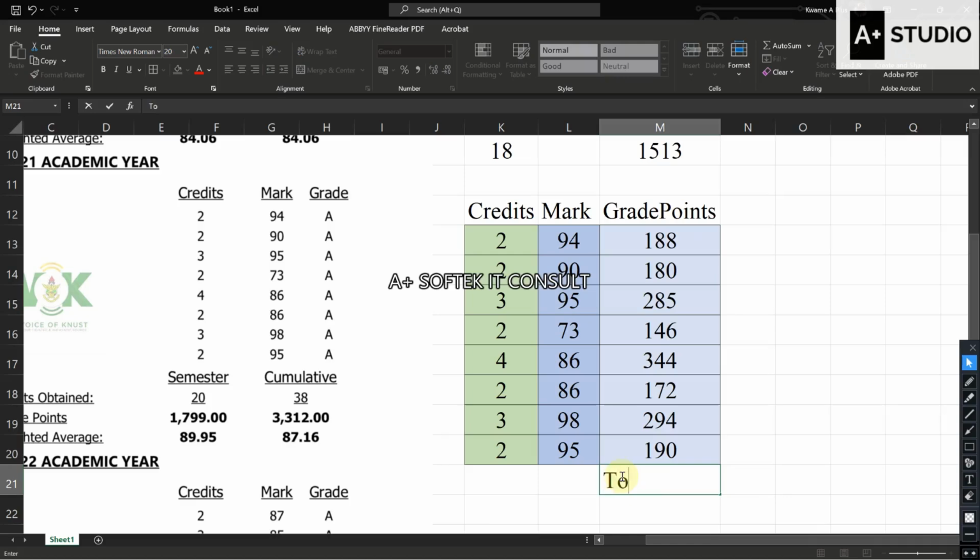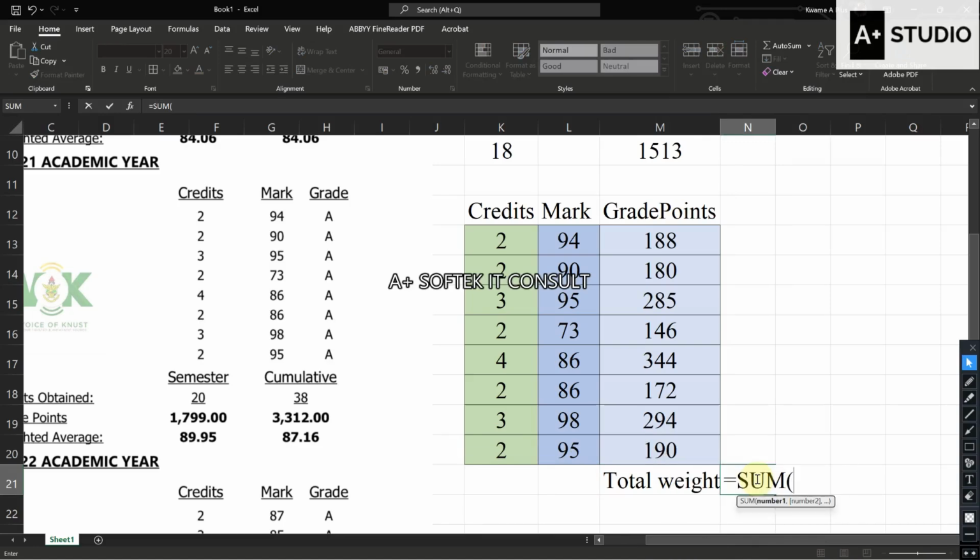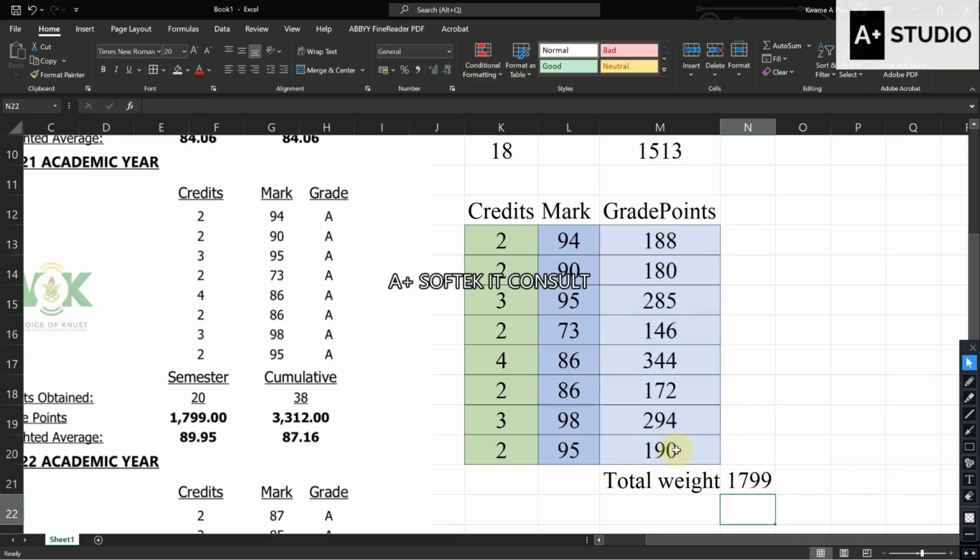Let's say total weight. Total weight is going to be equal to the sum of all of these ones. Hopefully this one is correct. And then let's find the total credit.